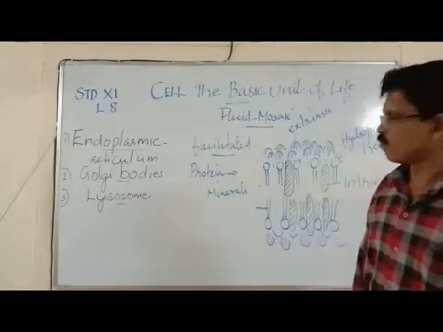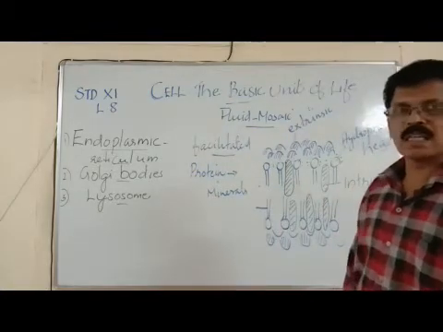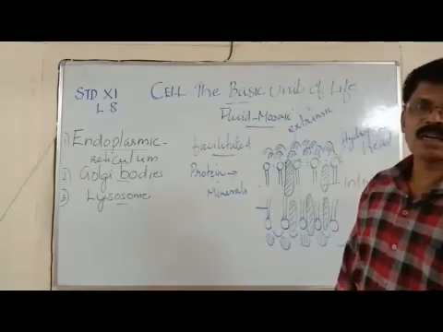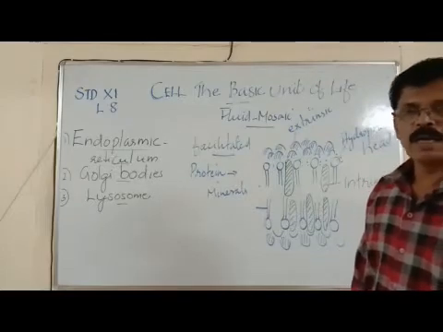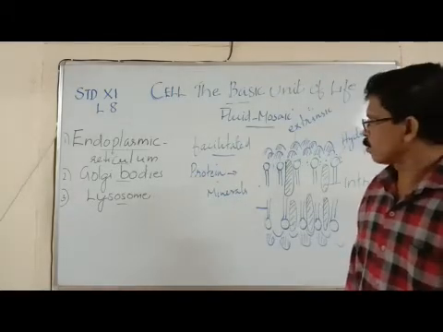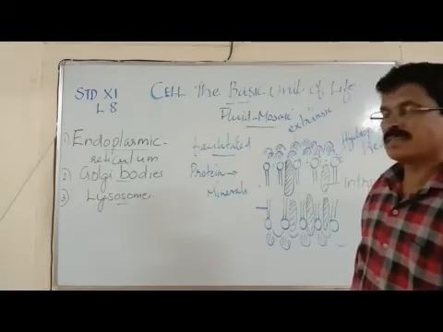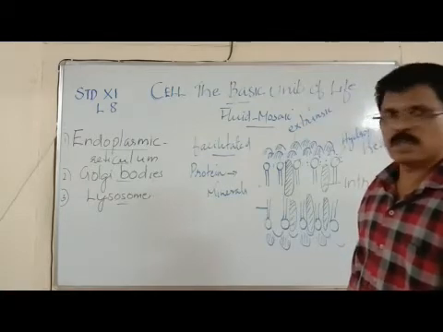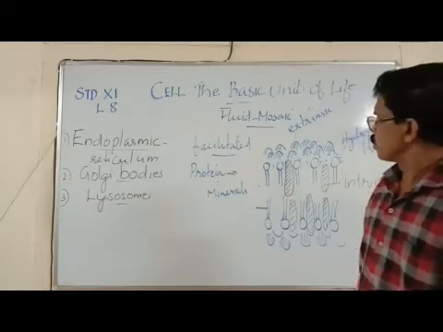In the previous session, we have seen the structure of the plasma membrane, the ultrastructure of the plasma membrane, the electron microscopic structure of the plasma membrane. What is the name of that structure? Fluid mosaic model.